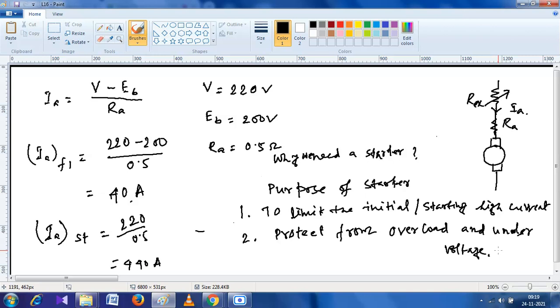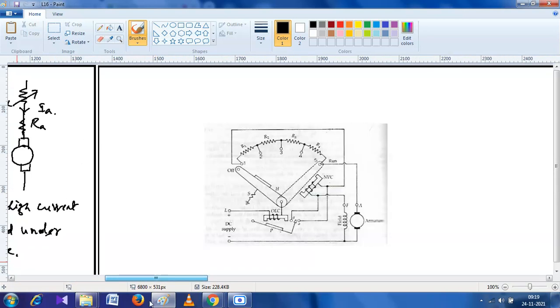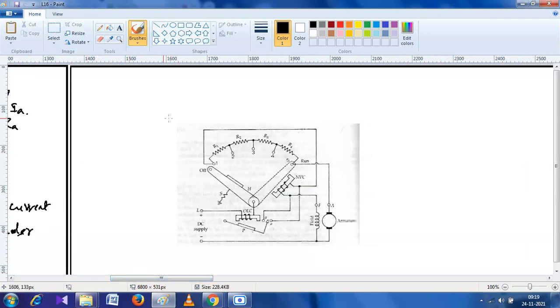Next is types of starter. Write down types of starter.